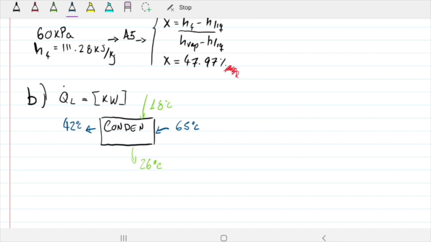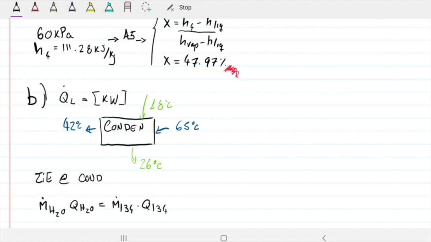Now if we do an energy balance inside this condenser, we know energy cannot be created or destroyed, right? So whatever energy is being absorbed by the water has to be given by the refrigerant. In other words, the mass flow rate of water times Q absorbed by the water has to be equal to the mass flow rate of 134a times the Q of 134a.